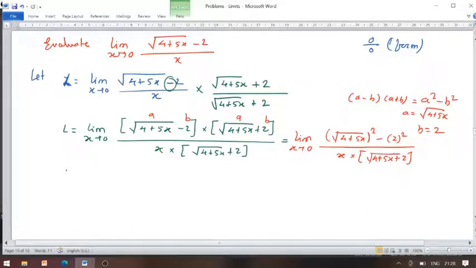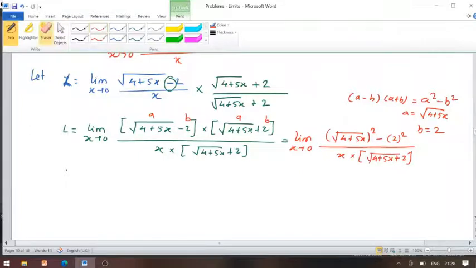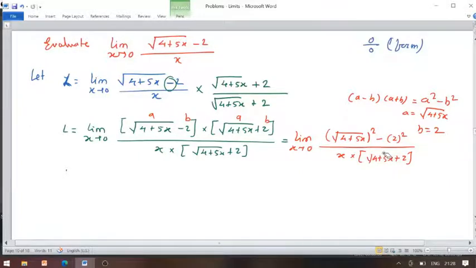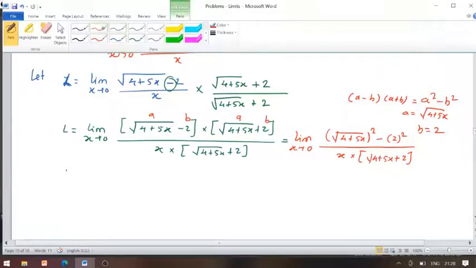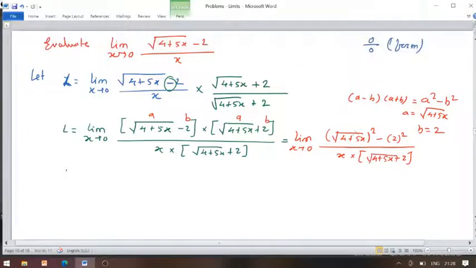Now look once carefully. The square root and the square get cancelled. After solving the numerator, we get 4 + 5x minus 2 square as 4, divided by x times root of (4 + 5x) plus 2.